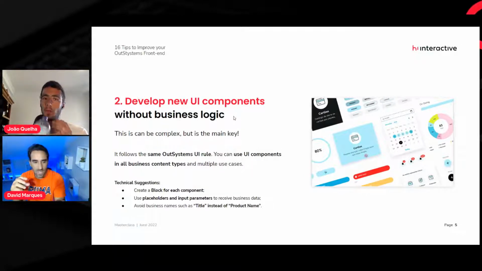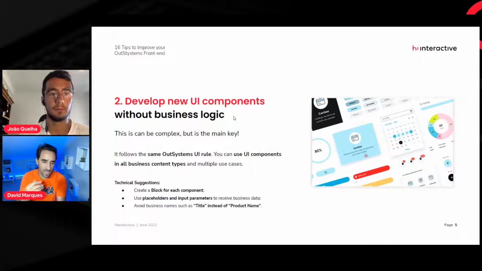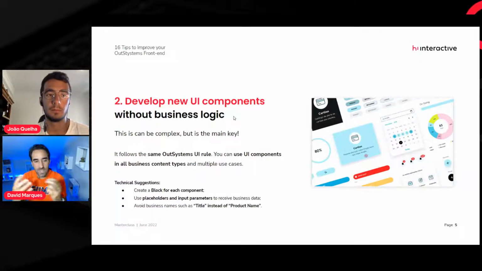You can use cards or drop-downs or lists in your website, but also in your mobile applications, in your internal apps. So the components that you have in OutSystems UI and also in the widgets from the platform don't have business logic associated. So when you are creating your components, you need to think like this.